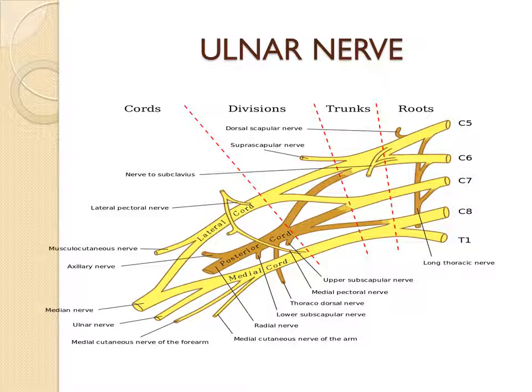So in general, we consider the ulnar nerve to be largely C8 and T1, but also remember in the back of your mind that there's a possibility of inconstant contribution also from C7.